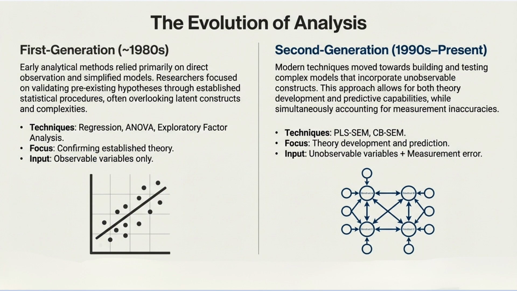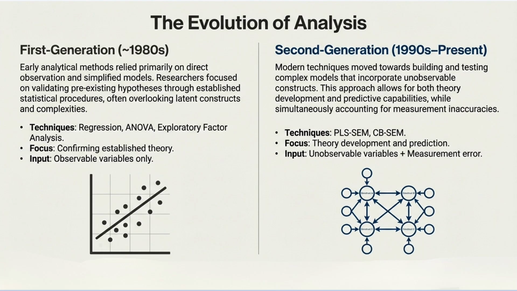Now, let us move to the second generation methods, which developed from the 1990s to the present. Modern research problems became more complex. Researchers wanted to study unobservable or latent concepts such as customer satisfaction, trust, loyalty, or perception. To handle this complexity, advanced techniques like PLS-SEM and CB-SEM were introduced.